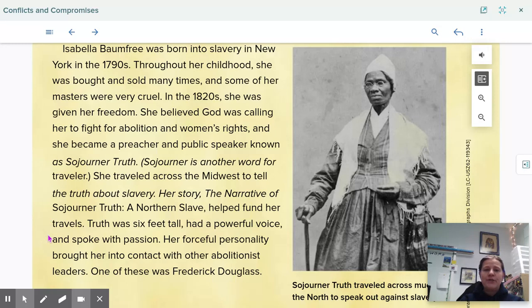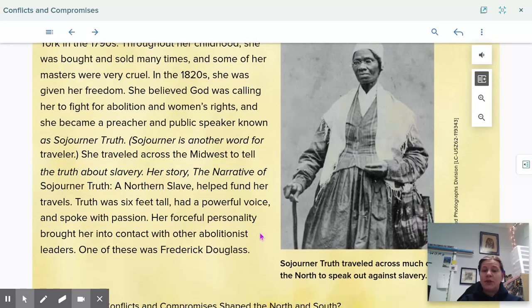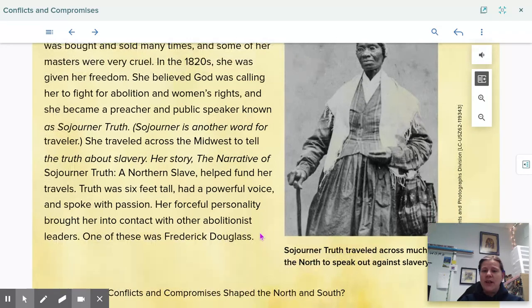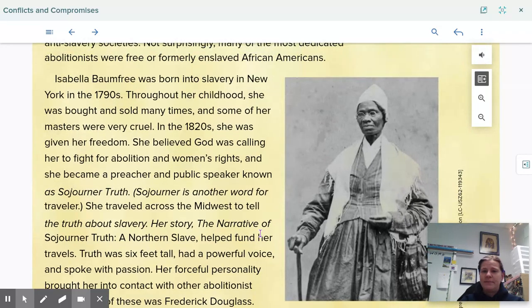Her forceful personality brought her into contact with other abolitionist leaders. One of these was Frederick Douglass. So this picture here is Sojourner Truth as she traveled across much of the North to speak out against slavery.